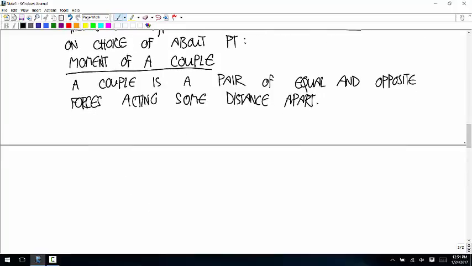So I'm going to go through just a little mathematical calculation to show that if you have this case where you have two forces acting equal and opposite on a body, then whatever you choose as the about point, that disappears from the calculation. You can eliminate it from the calculation.